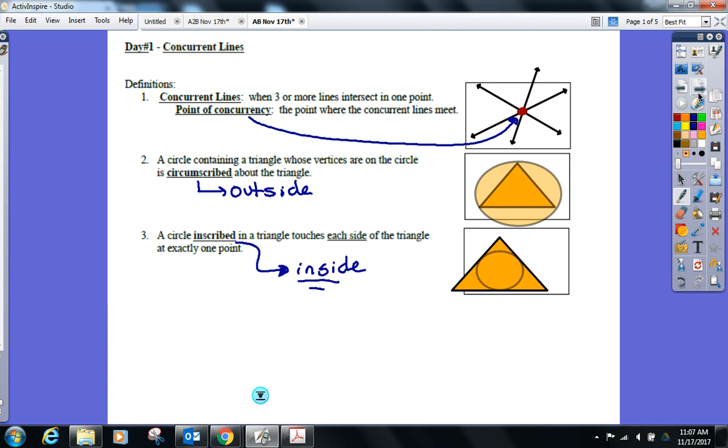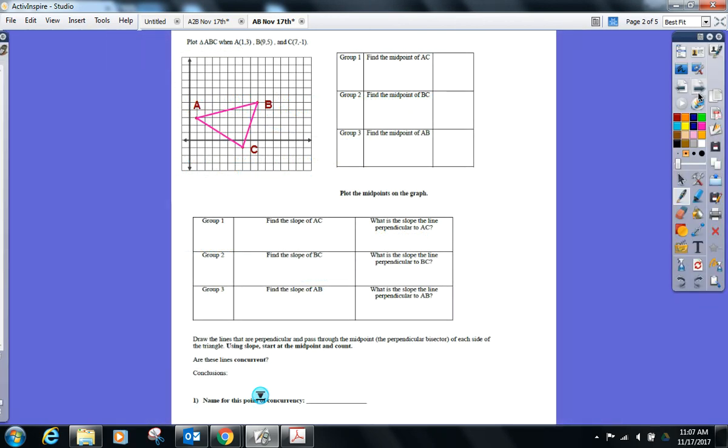All right, here we go. Go ahead and graph that next triangle for me. We got a lot of work to do. Graph that next triangle. I'm going to ask you to do a couple things you already know how to do with this triangle.